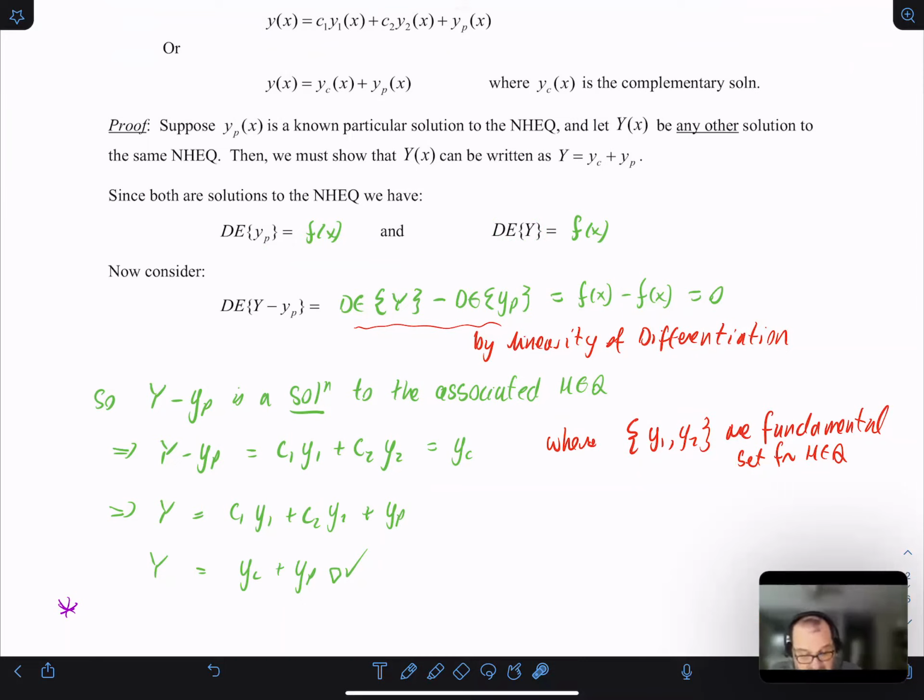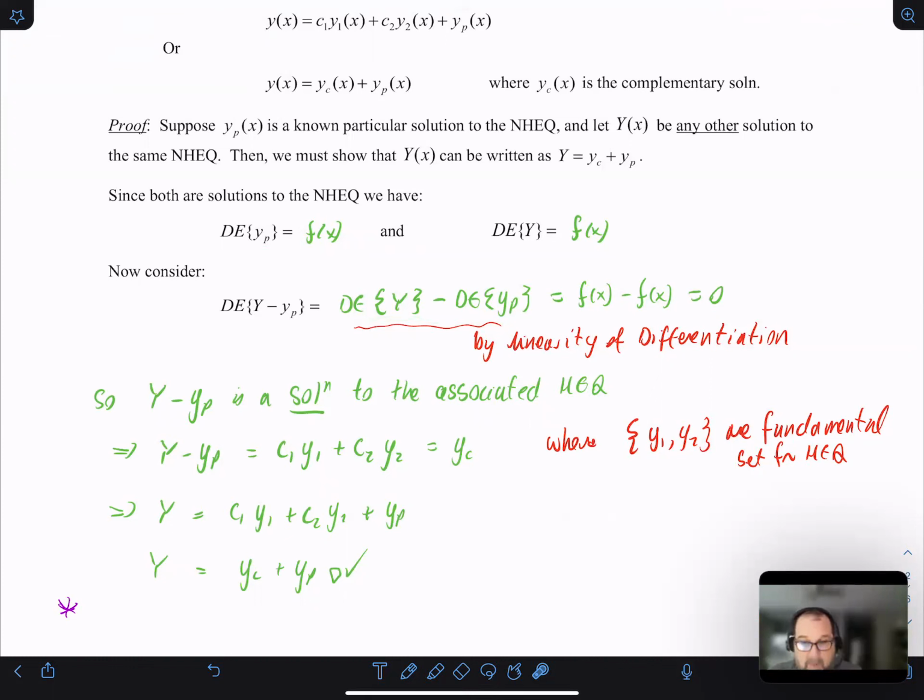Now, look at what happens when you substitute the function big Y minus y sub p into our DE. I claim that the DE acting on Y minus y sub p, you can actually break apart. This is DE of Y minus DE of y sub p.